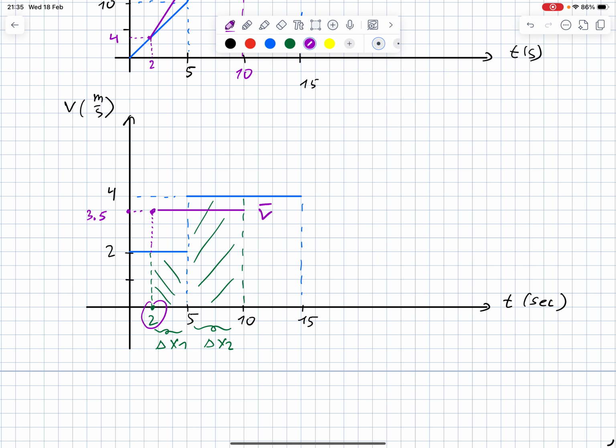Let's try to prove it. Delta x equals base, 10 minus 2, which is 8, times the height, 3.5, or we can also say that it equals 7 divided by 2. 4 times 7 equals 28 meters.